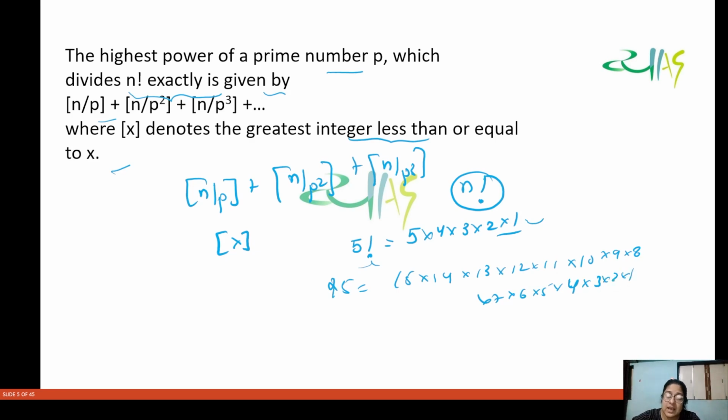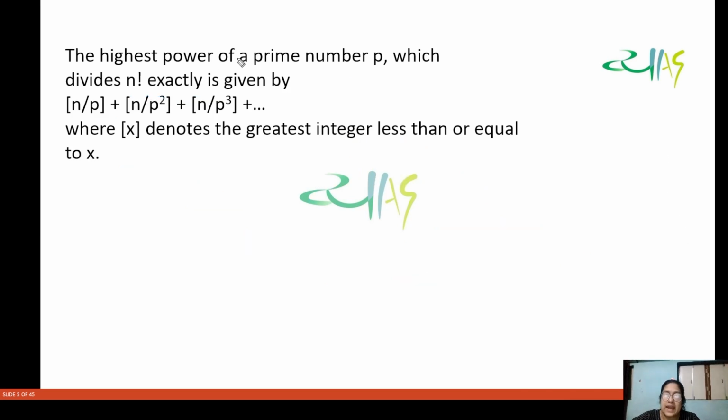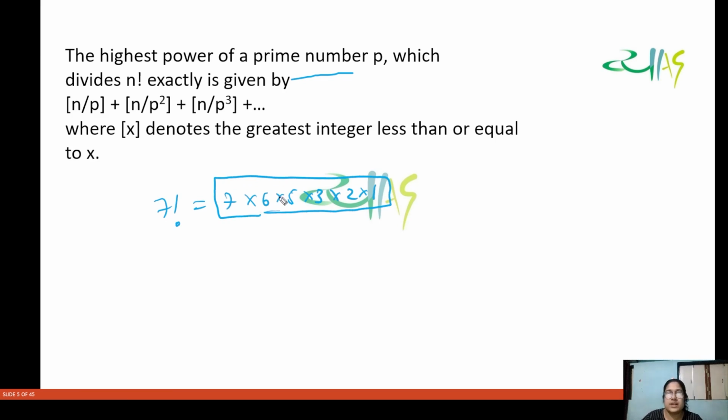Okay. Now see, highest power of a prime number p in a factorial. So for example, I am writing 7 factorial. That is 7 into 6 into 5 into 4 into 3 into 2 into 1. This is the value of factorial 7.